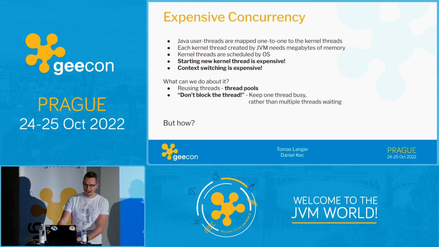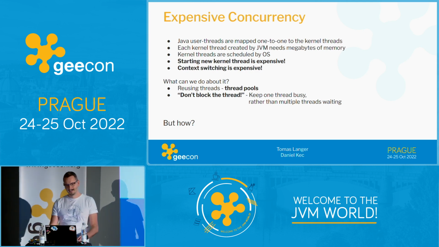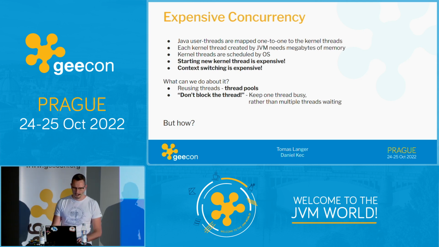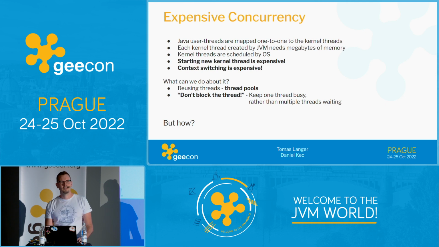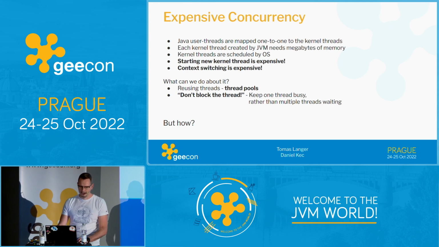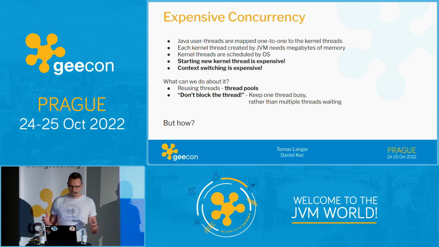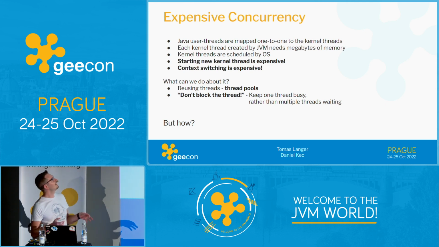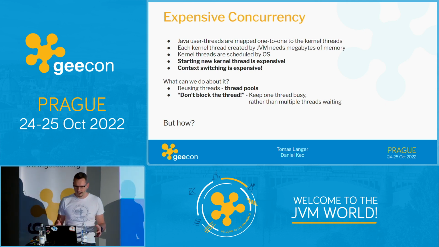What is expensive in this highly concurrent environment? Well, of course, it's concurrency. That's the thing where you can save a lot. And with Java, it's kind of complicated because in Java nowadays, each thread you create is actually a wrapper around the kernel thread, the physical thread in your operating system.